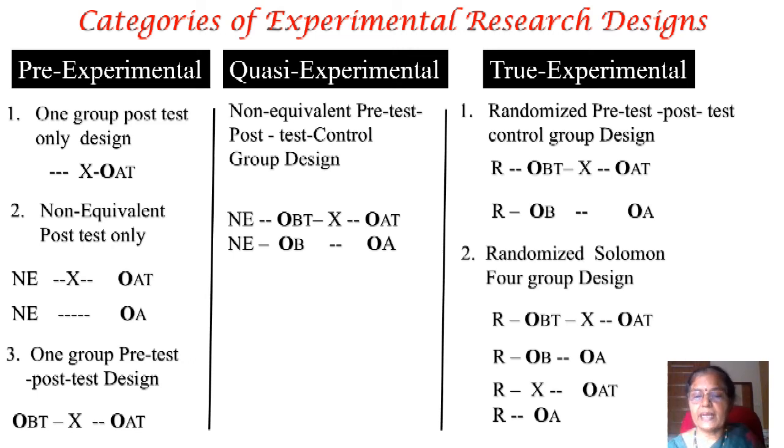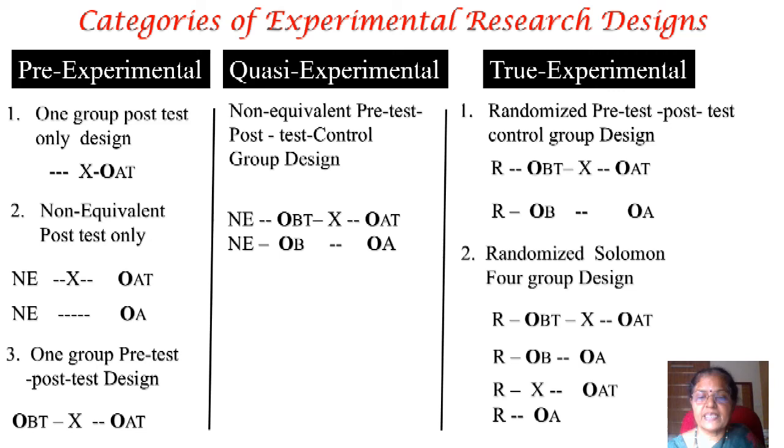You are observing the data by conducting a test. So OBT is observation before treatment, and X is the treatment given. And OAT is observation after treatment.